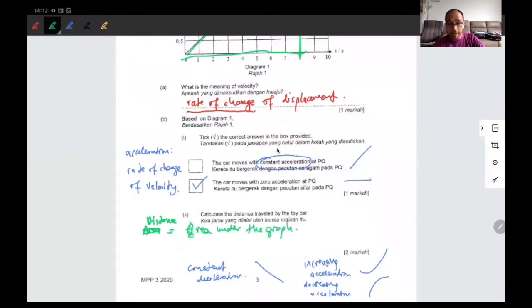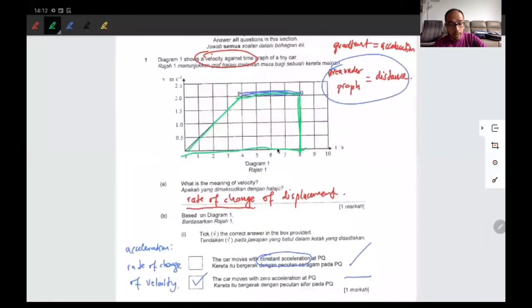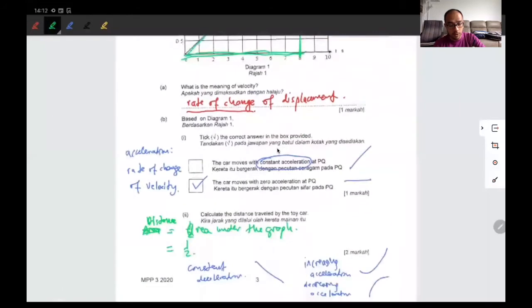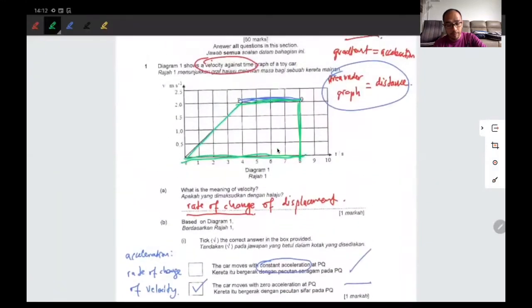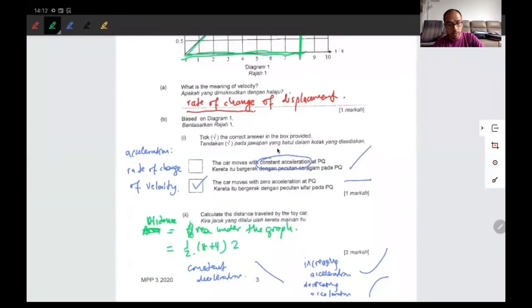So the area under the graph is 1 over 2. This point is 8. From here to here is 4. So 8 plus 4. And then the height over here will be 2. So you will get 12 meters. Make sure you have the value of the unit, the unit of distance.